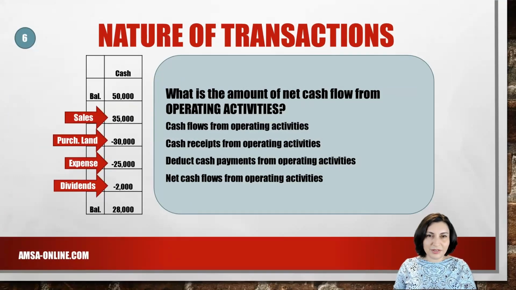The next step is to calculate the amount of net cash flows from operating activities. Cash flows from operating activities refer to the cash inflows and outflows related directly to the revenues and expenses reported on the income statement. To calculate cash flows from operating activities, cash payments for operating activities are deducted from the cash receipts from operating activities.